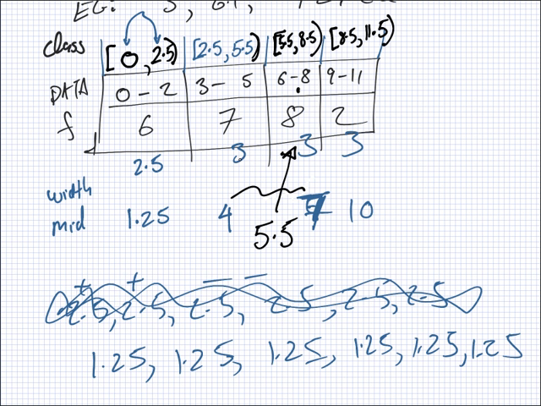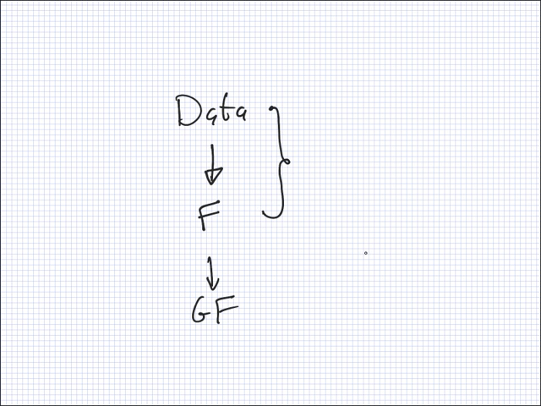So this is the key idea here. You start off with your data. You could put it into a frequency table, and you could also put it into a grouped frequency table. But there is a price that you pay for doing this. Although these are quite convenient, you lose information. For example, what information do you lose when you go from data to frequency table?